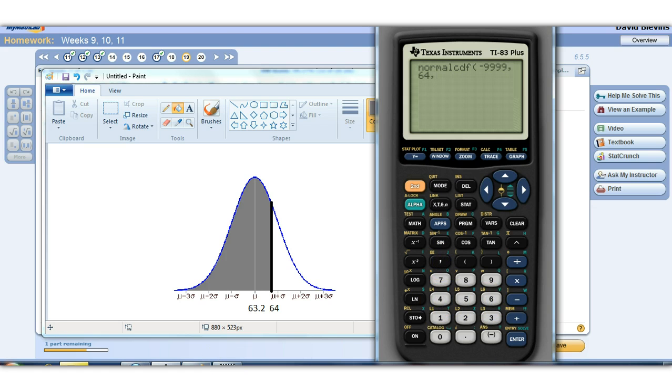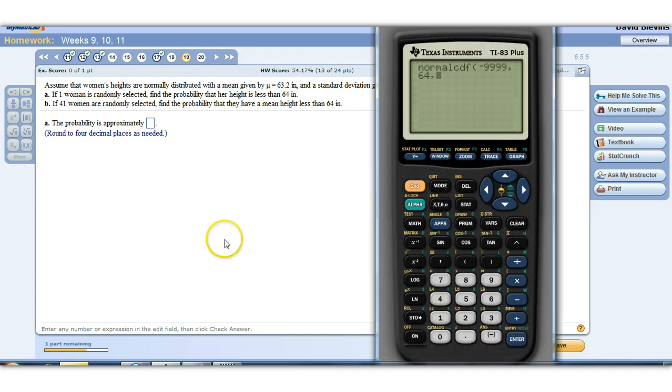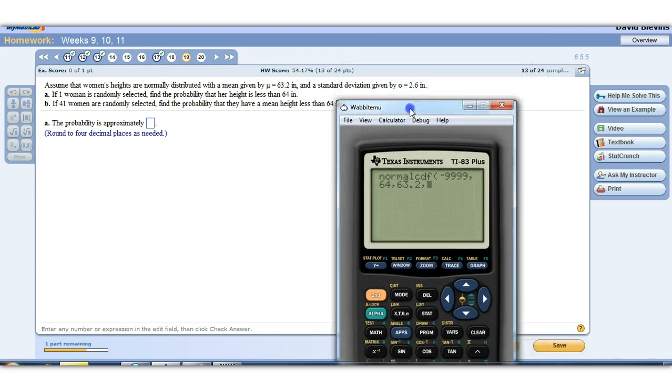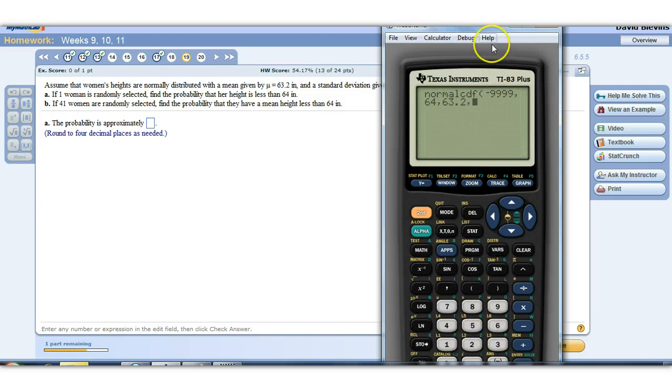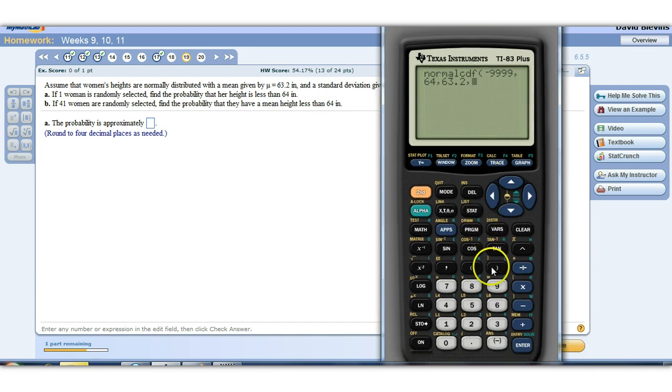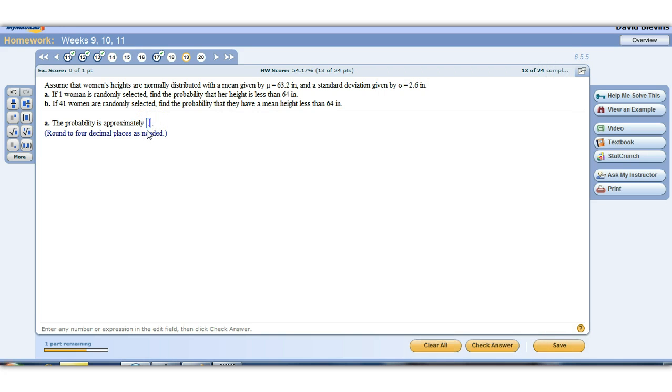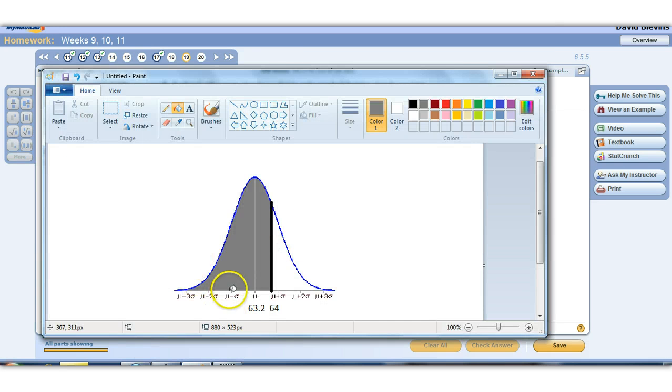And then the mean, back to the original, is 63.2 inches, and the standard deviation is 2.6 inches. So that probability, 0.6208, is the probability in this distribution, heights of females, that one randomly selected female is less than 64 inches.